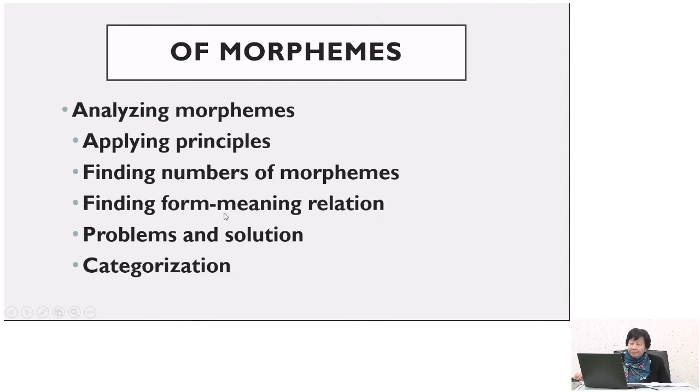And when we analyze morphemes, we are going to talk about the problems of analyzing the morphemes, and of course we have to try to get the solution out of that, you see.